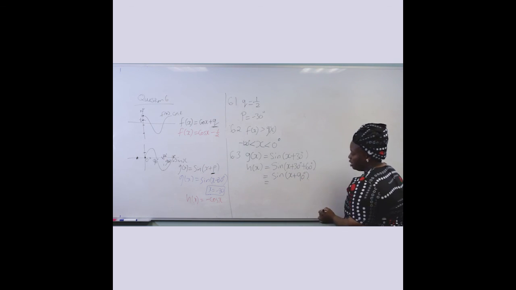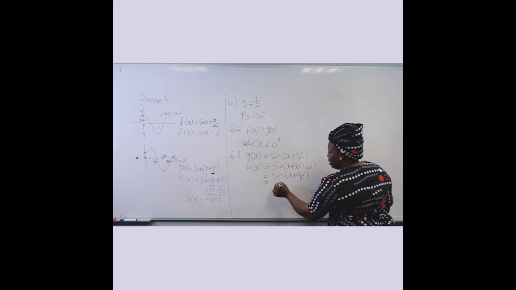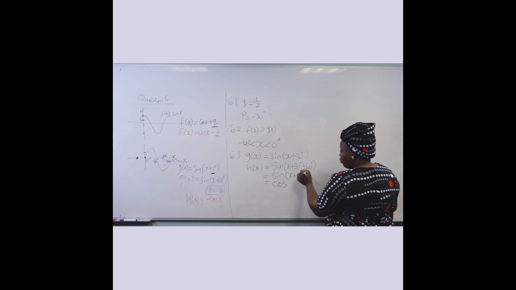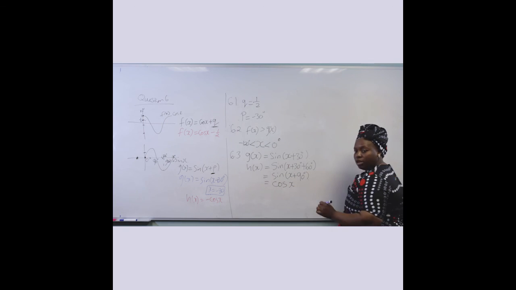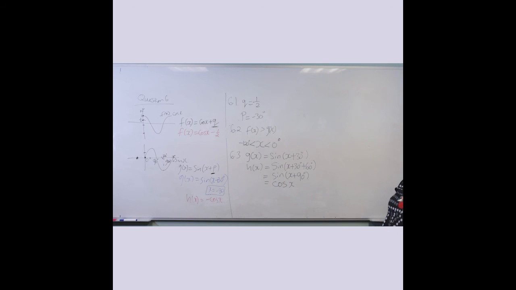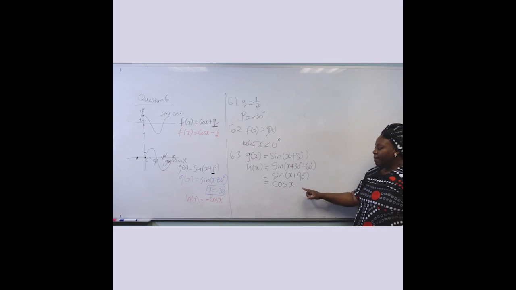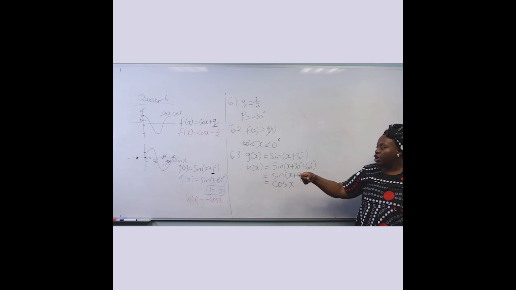And that is going to be cos of x, because 90 plus x is in the second quadrant where sine is positive. But remember, they said it must be negative.